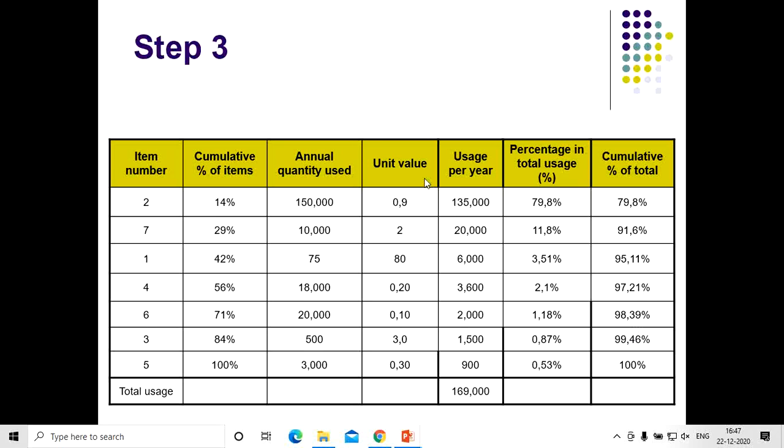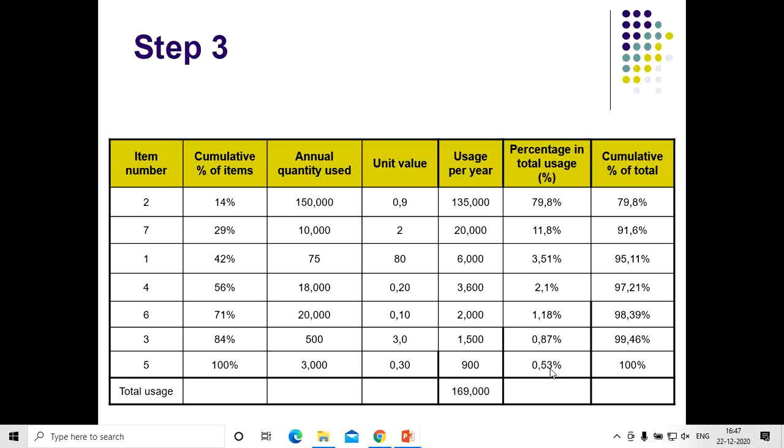Step number 3 also involves sorting the items according to percentage. Highest percentage comes first, and the last will be your lowest percentage. Here item number 2 has the highest percentage, 79.8, and the lowest percentage is item number 5, that is 0.53.